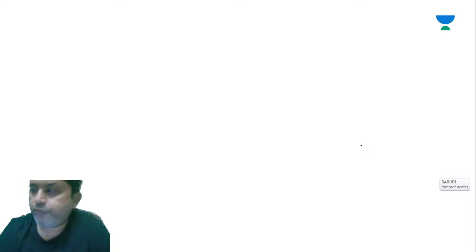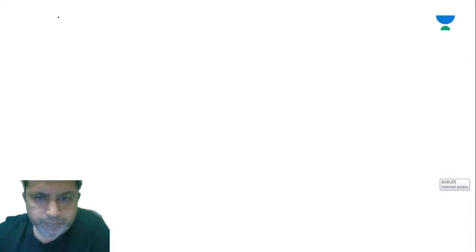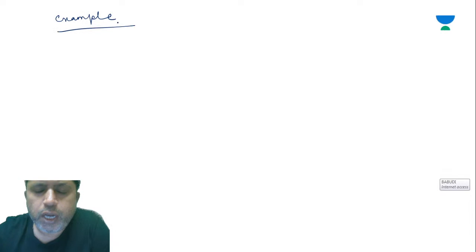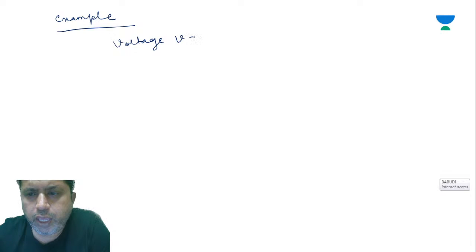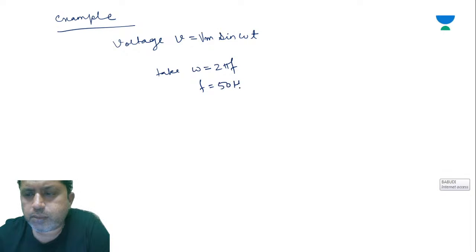We'll take one example on the sine function. This is related to electrical engineering. Suppose the voltage equation V is equal to Vm sine omega t. Now take omega equal to 2 pi f, where f is 50 hertz for the Indian system.